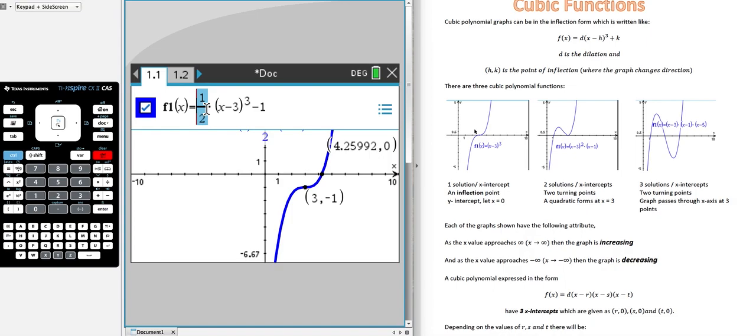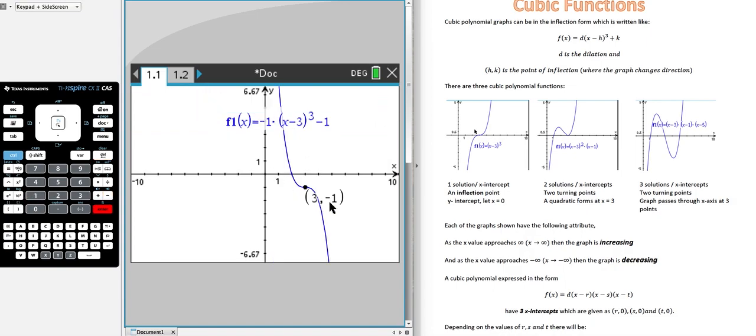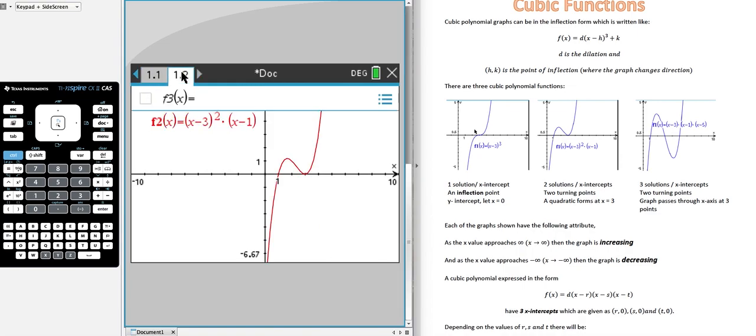Also, of course, if it's negative, it changes direction, and because I haven't done anything to the inflection point here, the inflection point still happens, but because it's a negative one, now it goes in the opposite direction. So that's the effect the dilation has on any of these sorts of graphs.